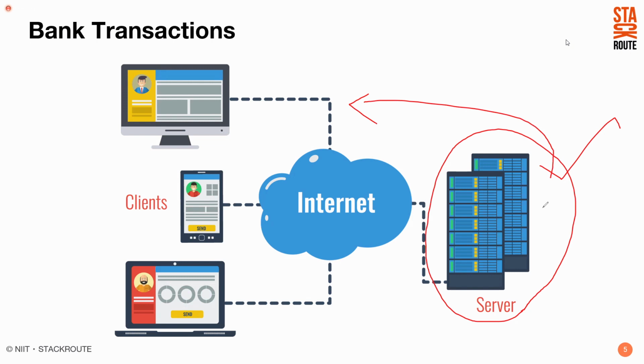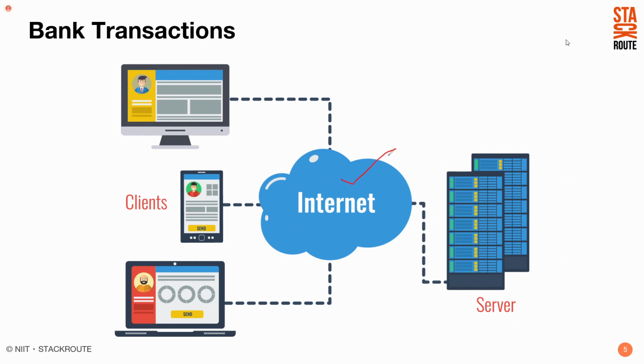I'll repeat again. I am able to view my bank transactions, my balance, my last few transactions, even last year's transactions, and information about my payee. It can be on any device. The only thing is you should have internet. If I have internet, I can view everything on my phone, laptop, or desktop.